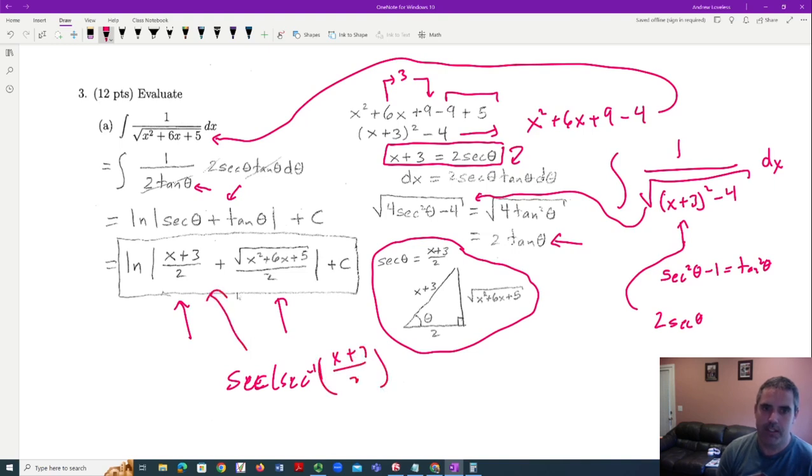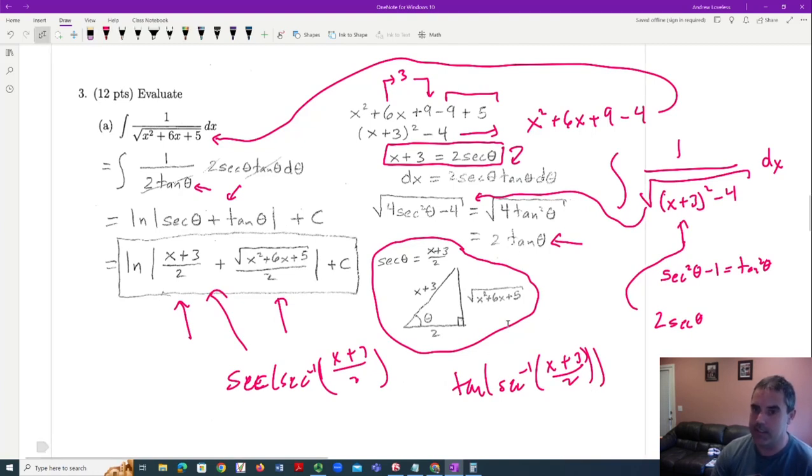So if you wrote this here, or you wrote tangent of secant inverse, again, I said this in class, I said it on the cover, but you lost points. You're going to lose a couple points for that because that's part of the skills we were testing, your ability to work with trig functions and give reasonable answers. Even if WebAssign would have accepted that, you had instructions to not do that on the test. Okay.